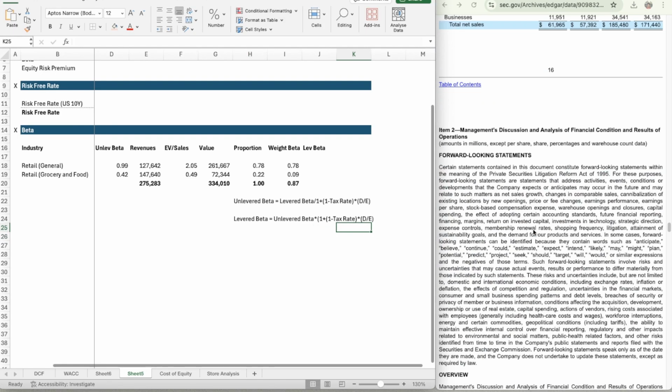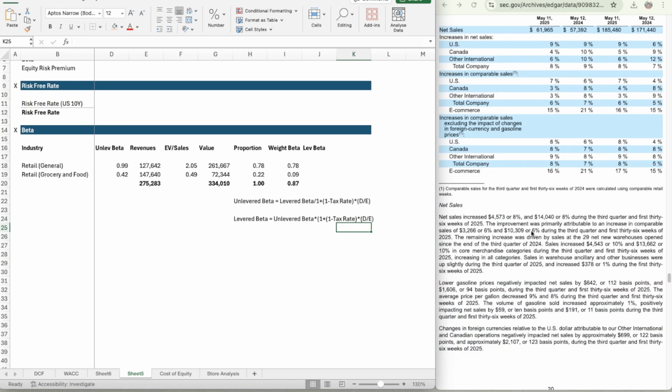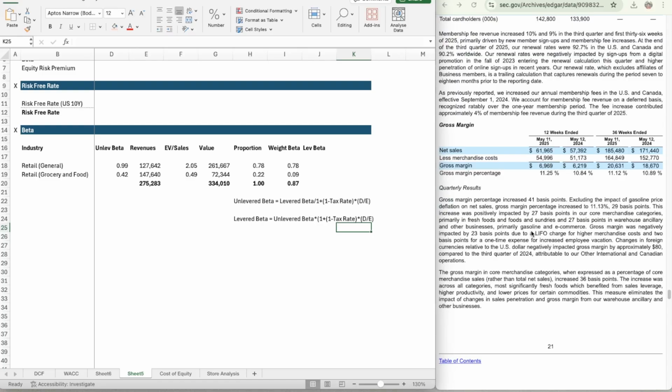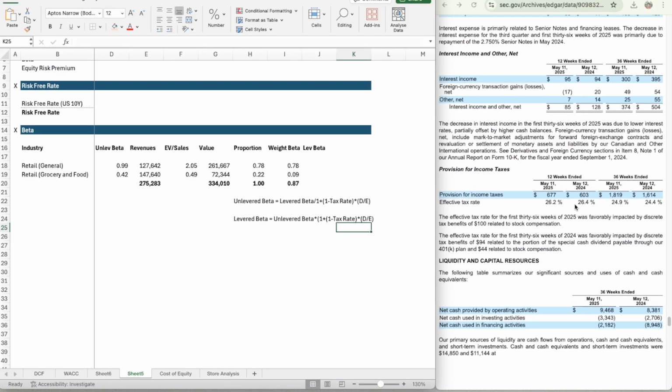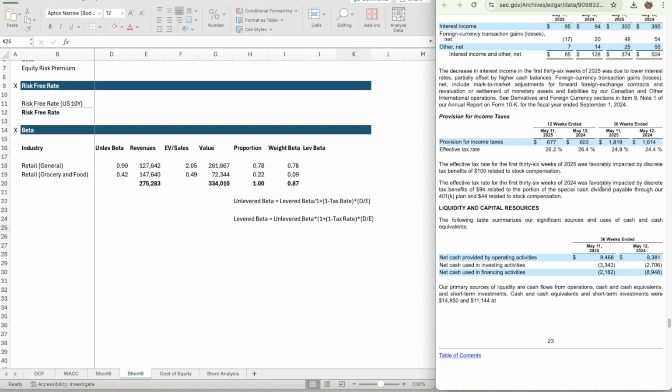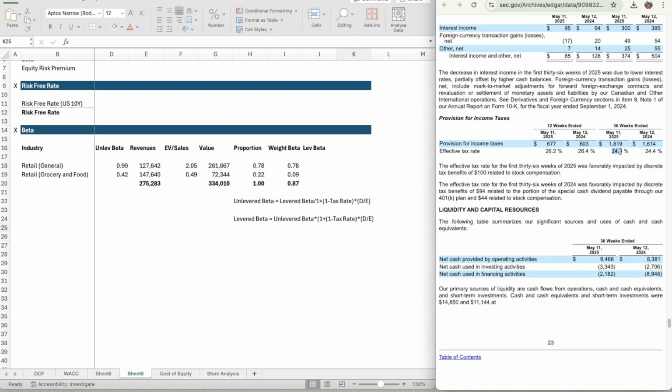So let's find the tax rate. I know what it is. Here it is. But I just wanted to show you so that you know where to find these. We're going to use this one, the 24.9%, the effective tax rate for the 36 weeks ended at this point.